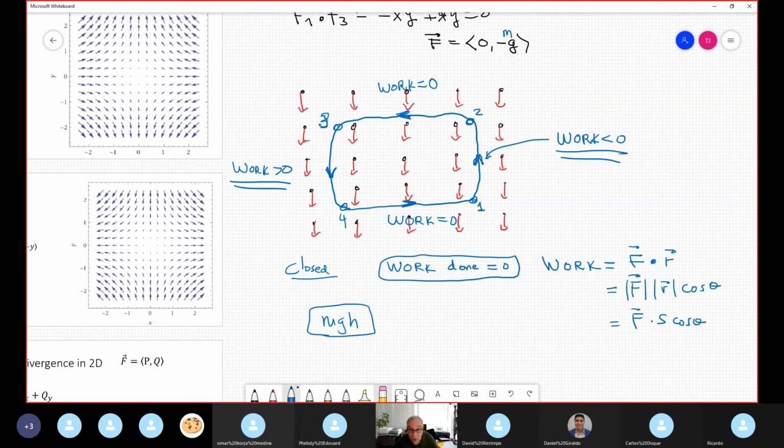Okay, but we have more. So you say to me, okay, in one closed trajectory the work is 0 because the work is totally independent of the path. Path independent. What does that mean? Well, suppose you have 2 points, this point and this point.